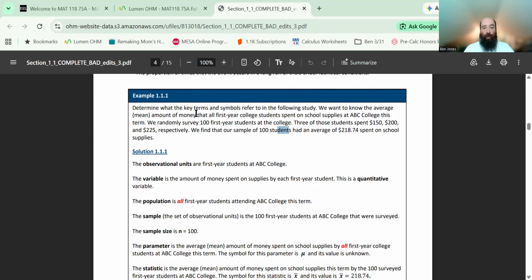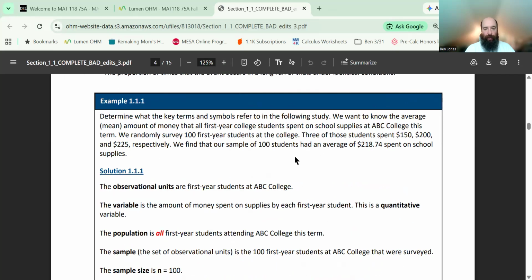We wanted to know this about all first-year college students at ABC College, but the sample is just the 100 first-year students we actually asked. Samples have a sample size, for which we use a lowercase n. In this case, n equals 100 because there are 100 students in this sample.